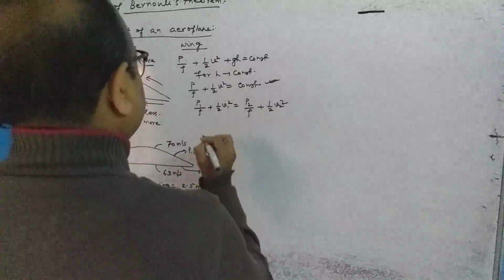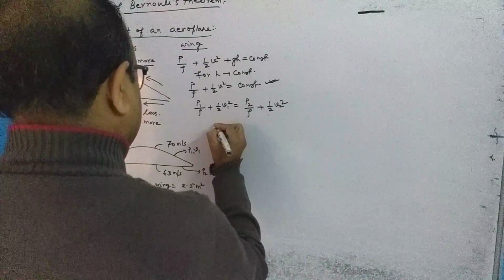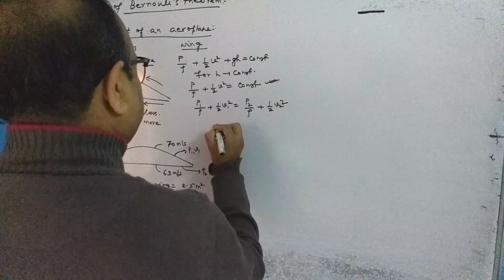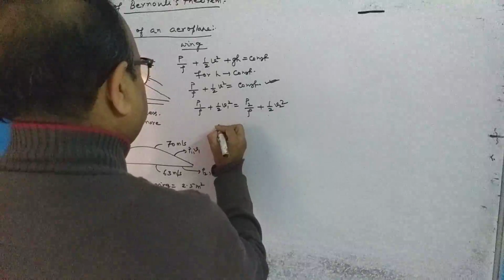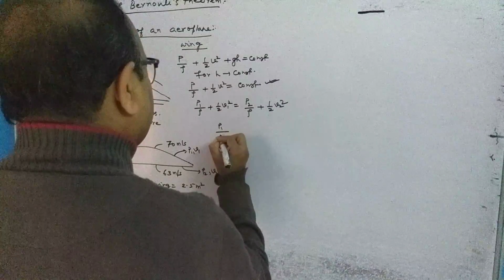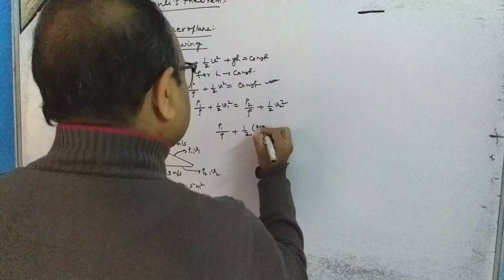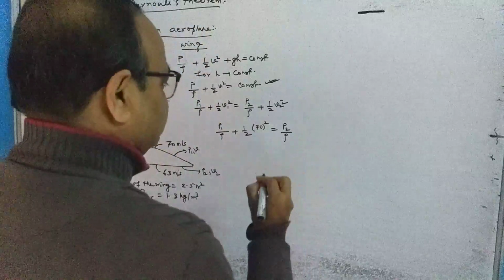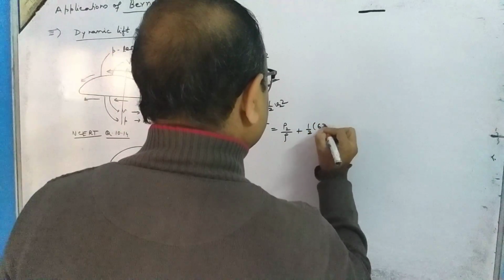So what we shall take here in this, we shall take P1 by rho plus half 70 square is equal to P2 by rho, not given, plus half 63 whole square.